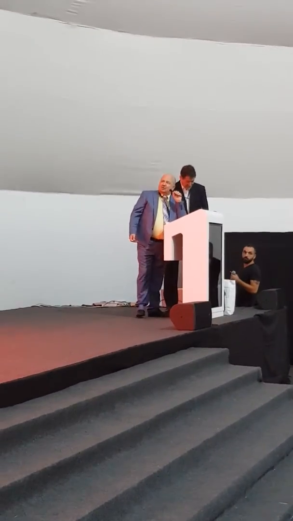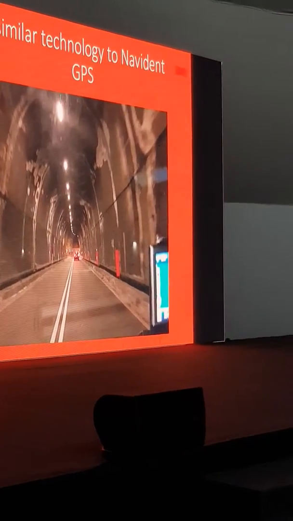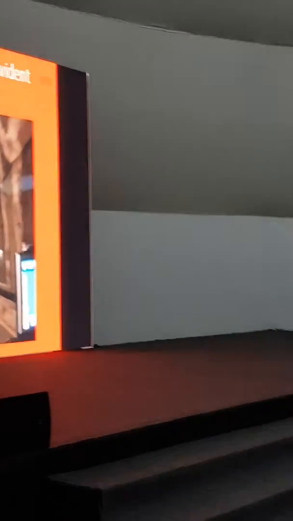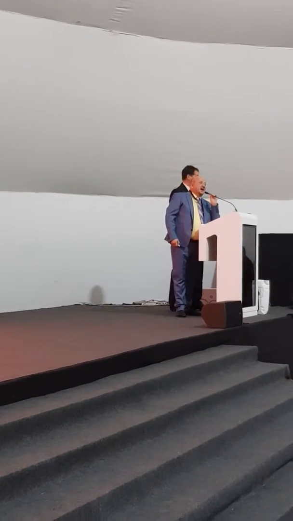What is this technology? It is like a GPS. All of us use a GPS in our car, and we know the GPS is connected to a satellite, and we are the driver, and there is a screen in the car.